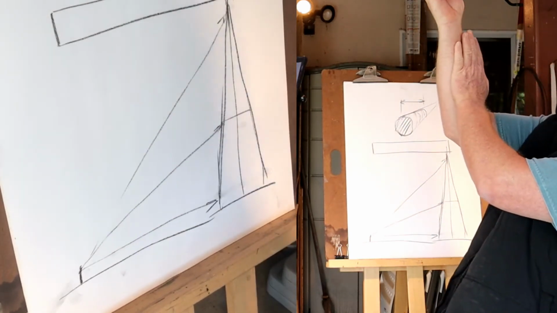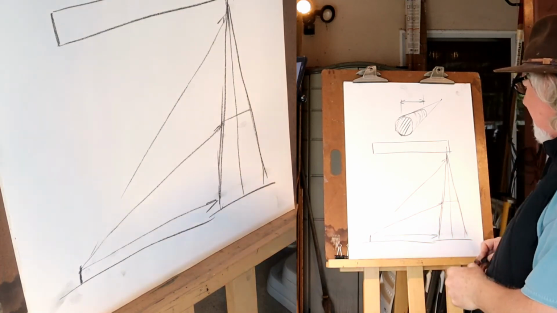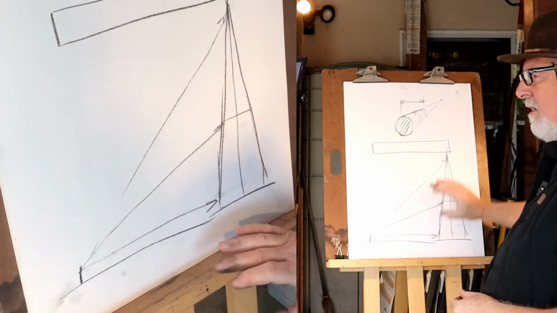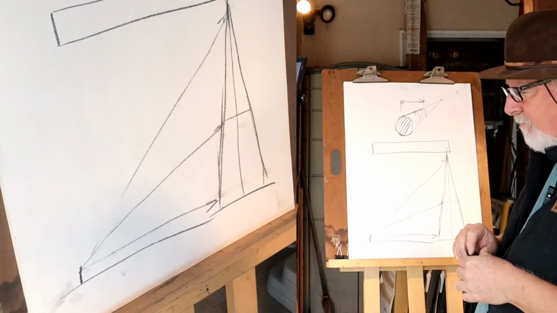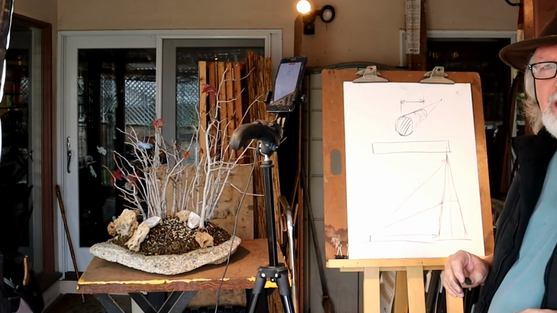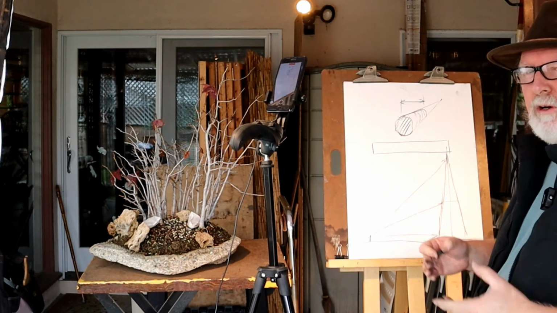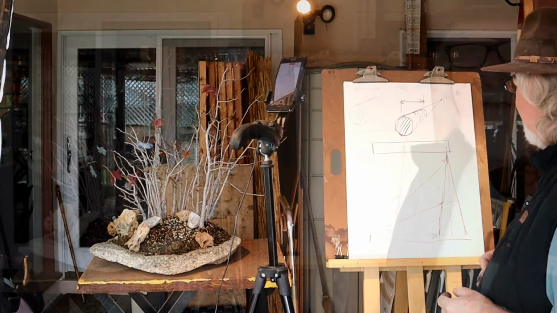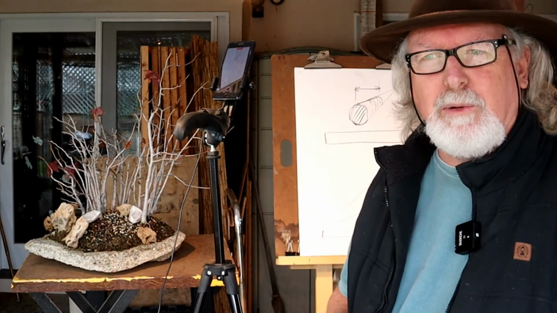So as you're looking up at these trees, your head almost goes straight up to look at the top of these trees. And this perspective just becomes incredible. It really makes these trees look like the tallest thing you've ever seen. This is the same way when it comes to buildings as well, but we're talking bonsai, so I'm going to focus on trees. Okay, so how do we represent that in bonsai?